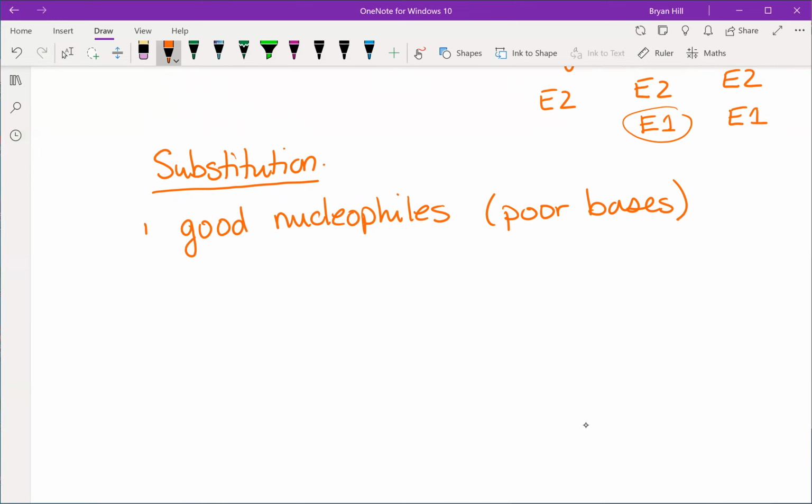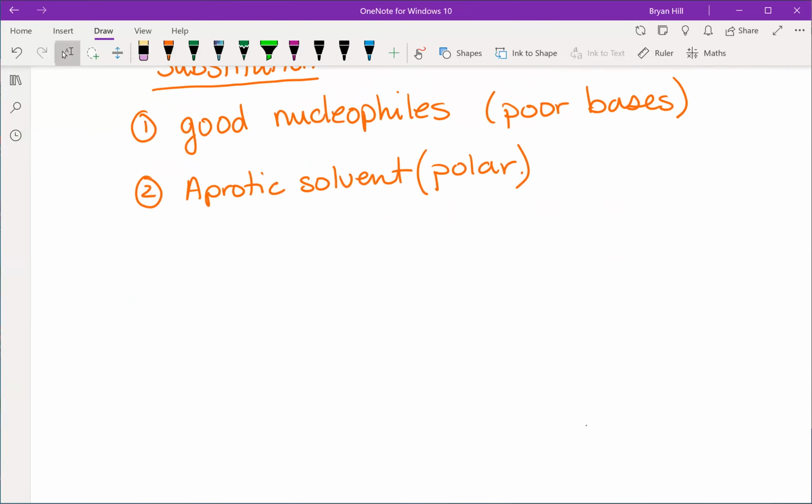The other thing that we want to do for substitution reactions is use aprotic solvents. And the best being polar aprotic solvents. So things like all of our favorite ones, DMSO, DMF, acetonitrile, THF would be another.